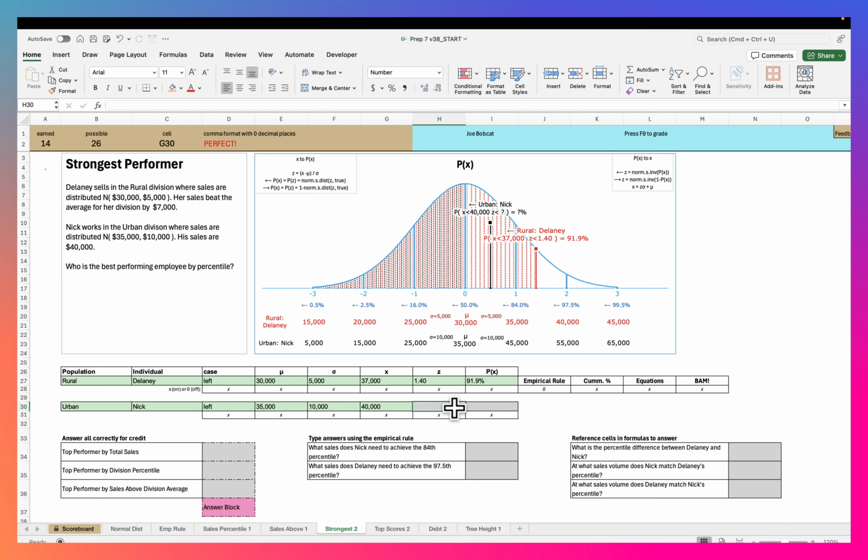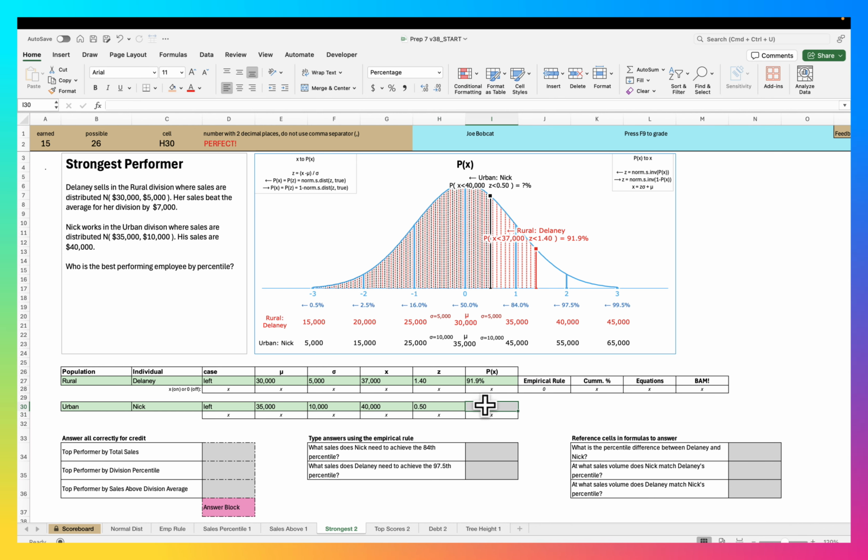Okay, so the z-score for Nick is x minus, oops, picked the wrong number. x minus the mean divided by the standard deviation.